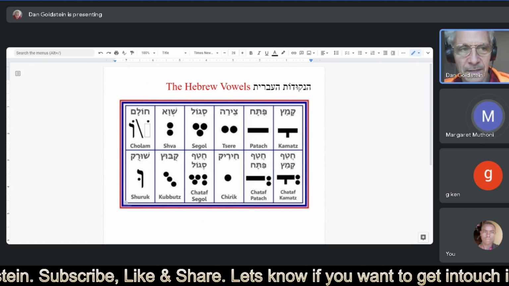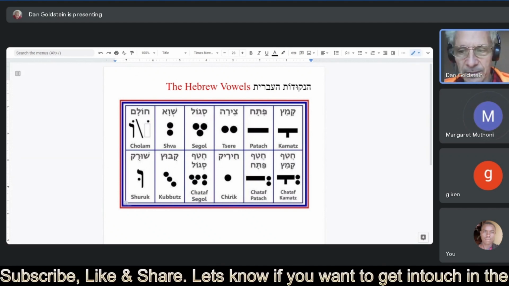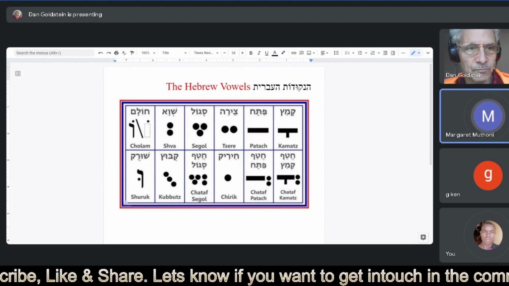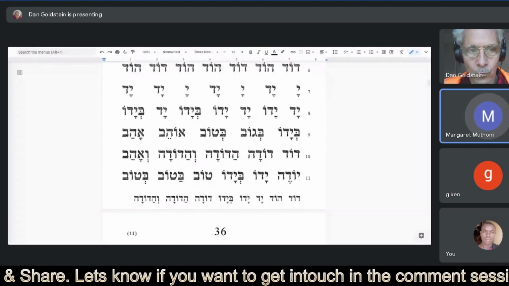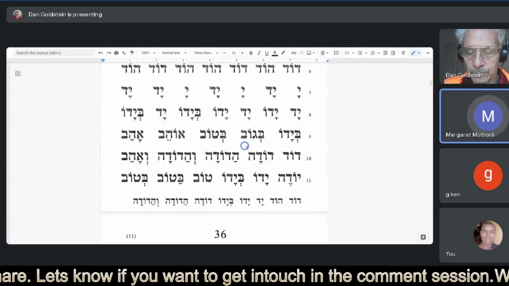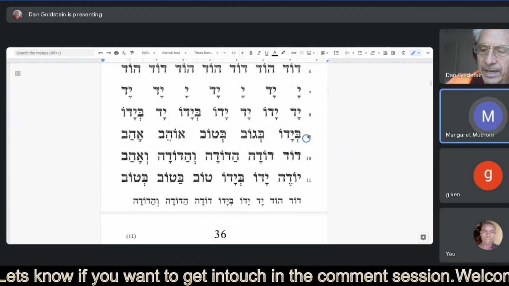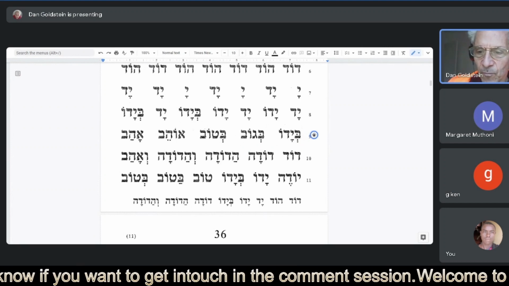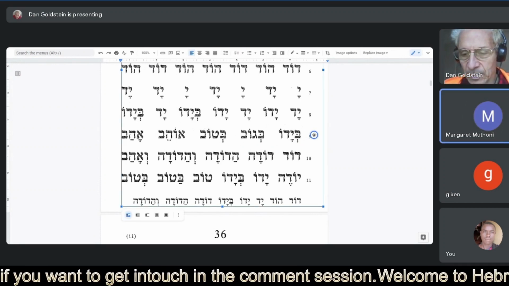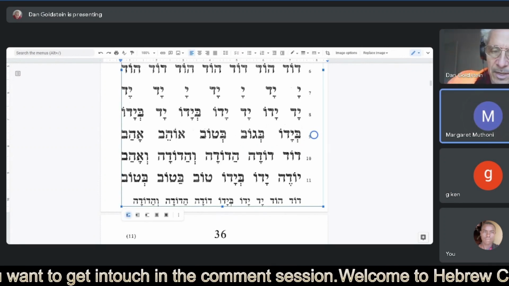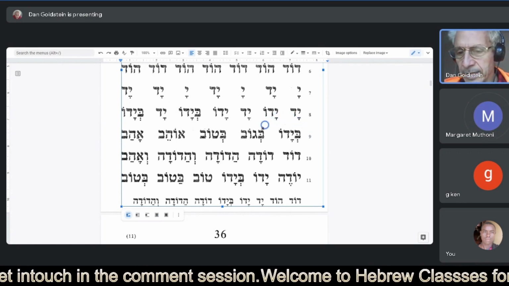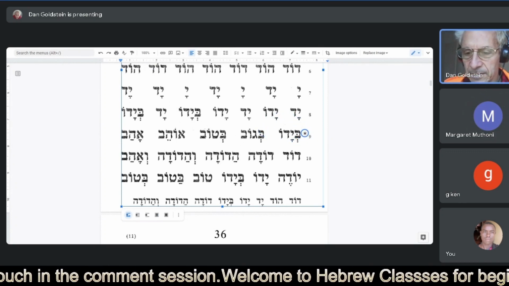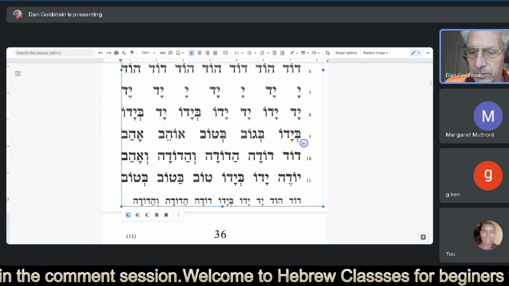So having said that, Margaret, we're looking at line 9. The first word in line 9 starts with a bet, and underneath the bet is a schwa.